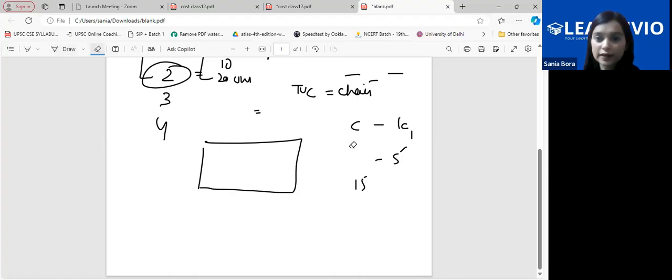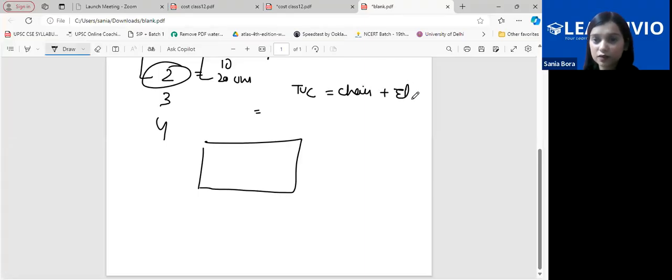Understand this example in a very good way, students. If you understand this, it will be easy for you to cope with other things. Total variable cost is chairs plus electricity, and fixed cost is the rent of the room. Fixed cost is rent and variable cost is chair and electricity bill. Clear? For this classroom. Done?